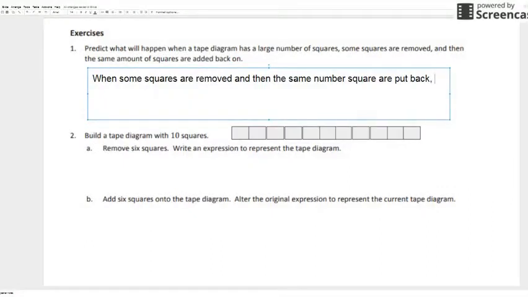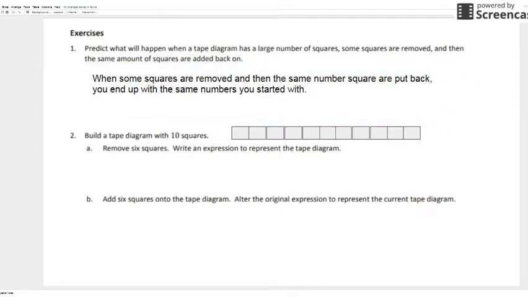So when you take them away and then put them back, you end up with the same number you started with. That's something we like to call the identity property. When you take something away and you put it back in, you end up with the same number you started with.